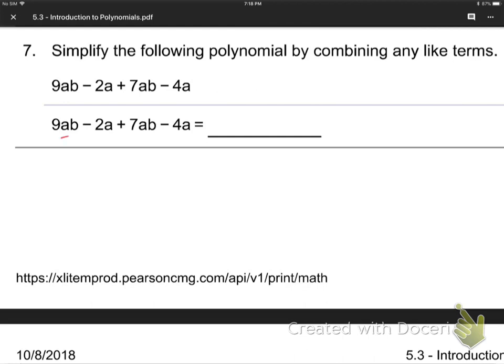Okay, so 9ab plus 7ab is 16ab. And then minus 2a and minus 4a? Minus 6a. We're done. Good, easy. We don't make anything a squared because we're not multiplying. We're just adding, subtracting. So you just do the numbers in the front. Don't mess with the powers, huh?